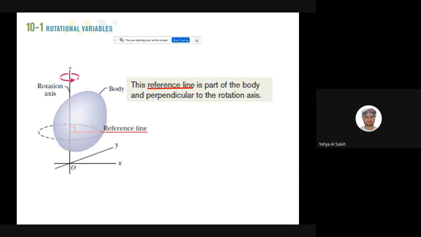Okay, some people are seeing the screen, some are not. If you are unable to see the screen, try logging out and back in again. Sorry, I tried changing the link, so this is a different link this time.